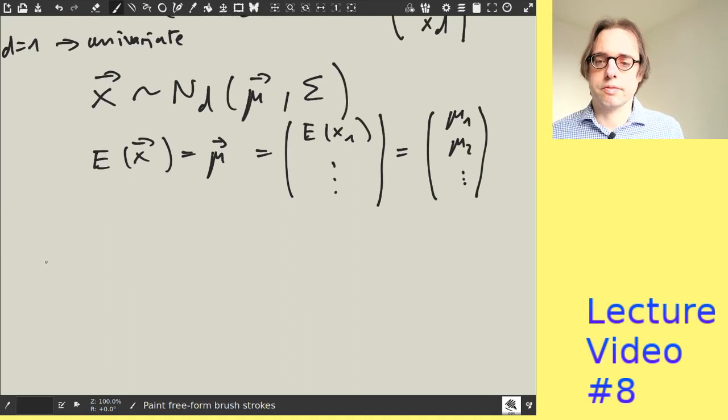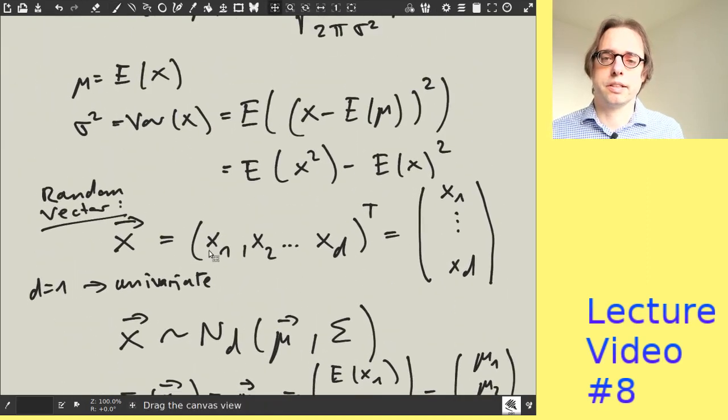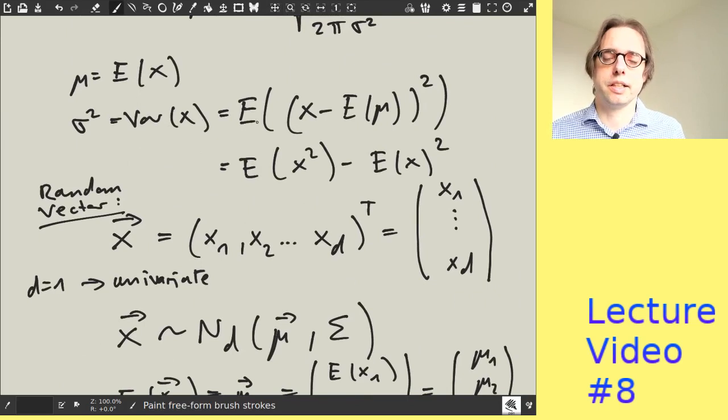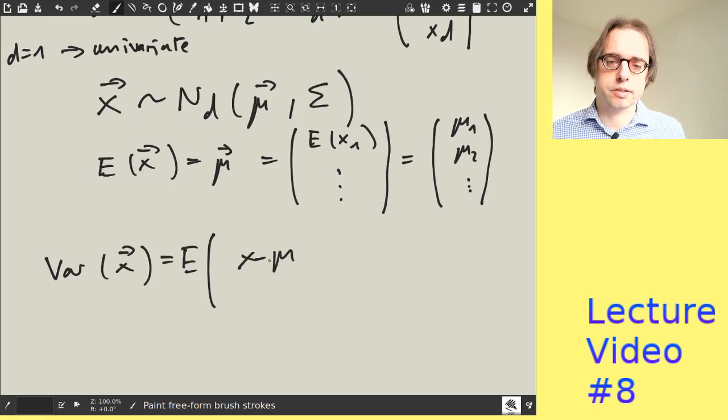So the variance of this thing here is defined very similarly as above, or in fact more or less identically. Here we had the expectation of the squared deviation from the mean, and that's exactly how it's defined here as well, only that we can't take the square because it's a vector. So we have the expectation of x minus mu, where mu is the mean vector, times x minus mu.